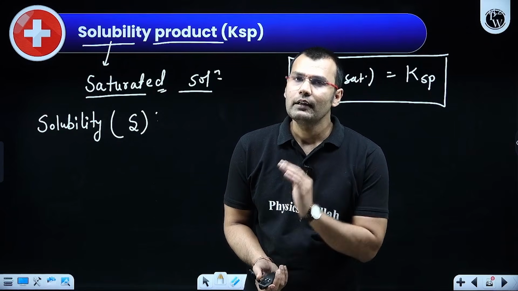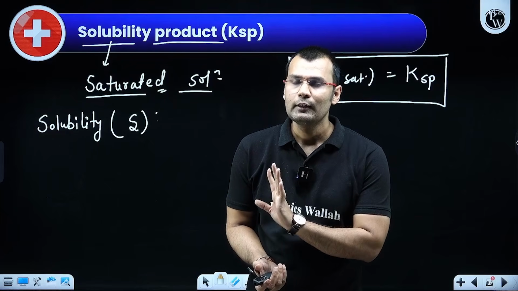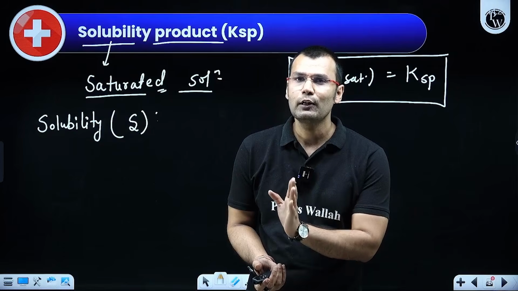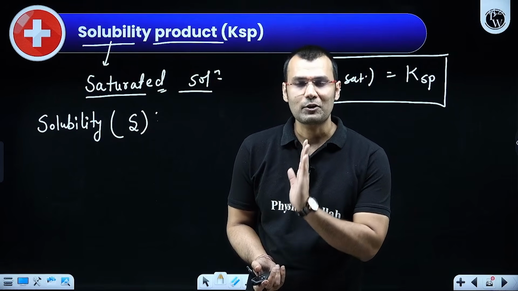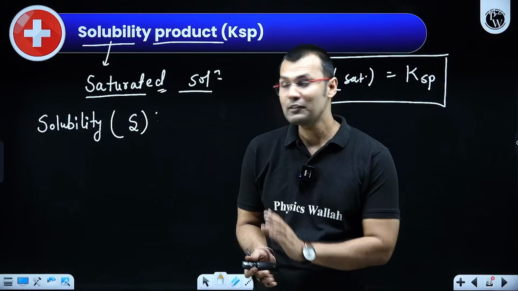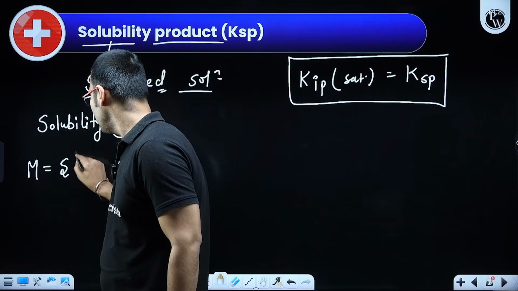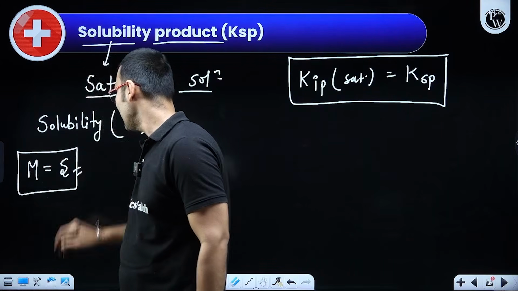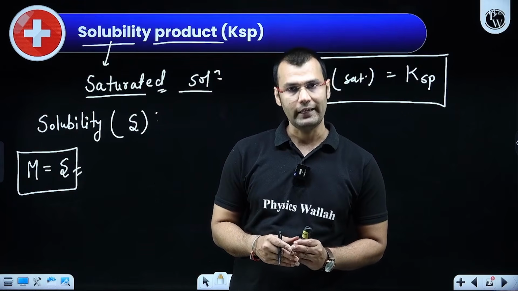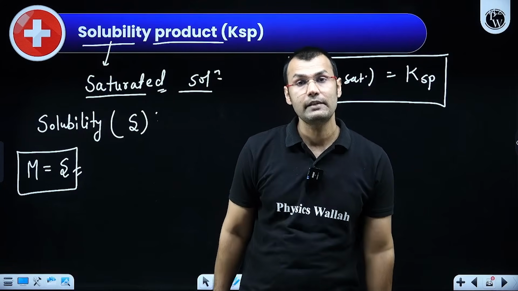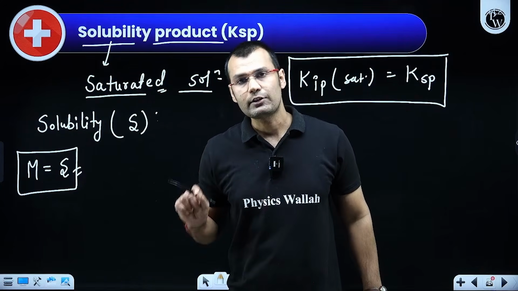When the maximum amount of salt is present, that solution is automatically saturated. So for a saturated solution, the molarity of the solution will be equal to the solubility. But always remember that KSP is calculated when your electrolyte solution is saturated.